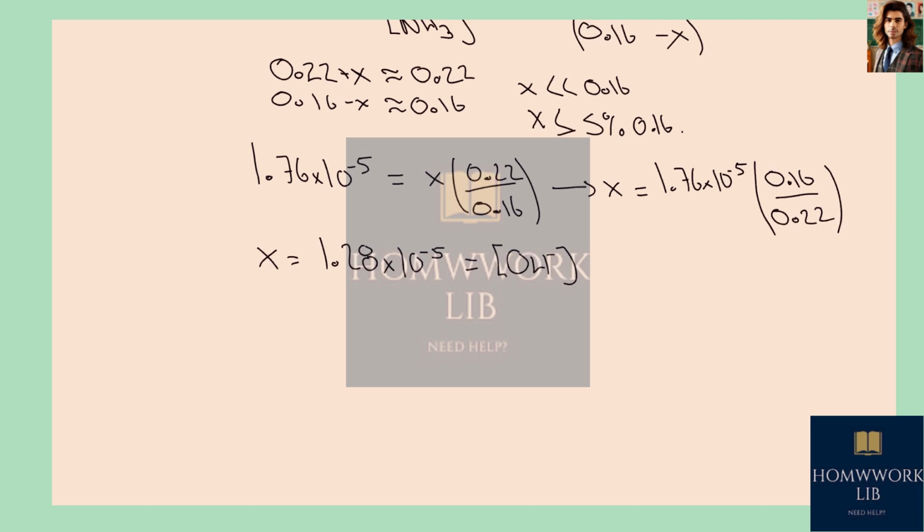Perfect. So with this, we can get the value for pOH. The pOH is minus the logarithm of that value, which gives us minus logarithm of OH minus, equal to 4.89. You can round it up as 4.9 if you want to.